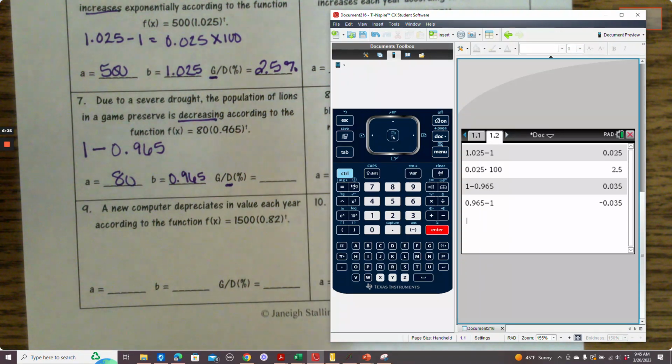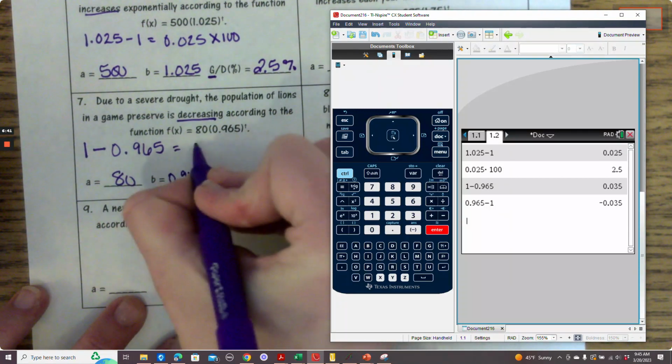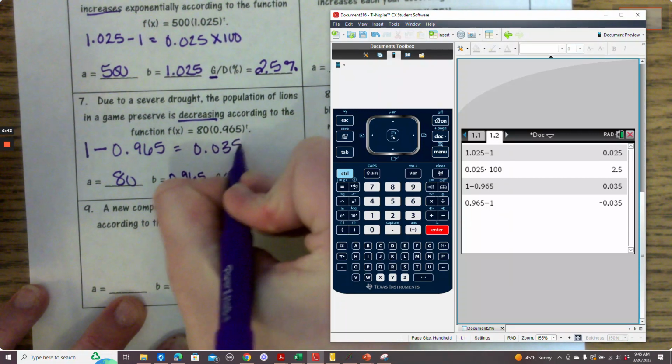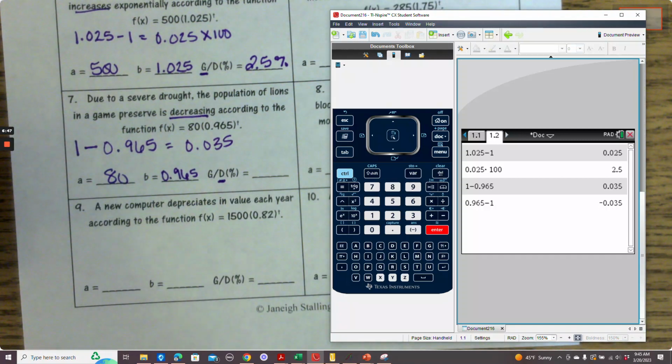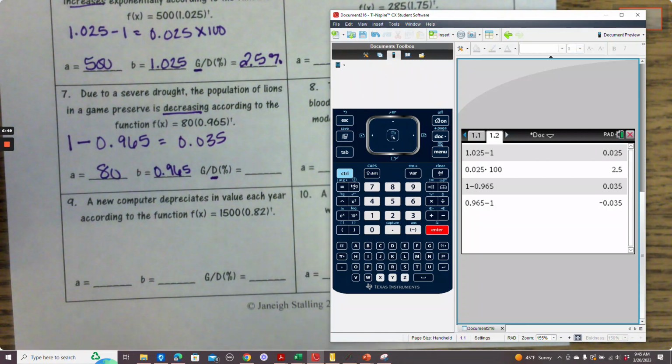Okay? You get a negative answer. So it depends on how they want the answer. But if we're identifying it as decay, we don't need it to be a negative percentage. So typically we keep our percentages positive, but just so you know, a percentage can be negative, and that just indicates that it's decaying or decreasing.